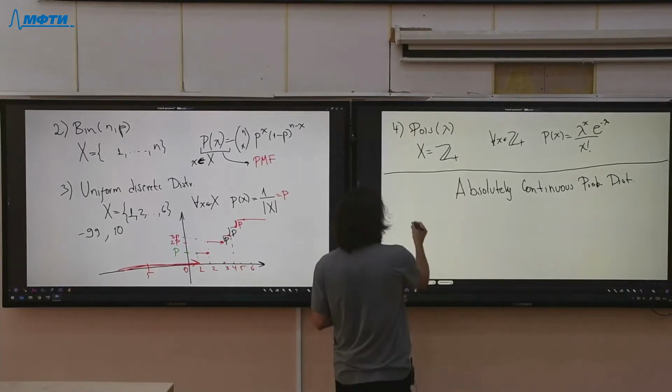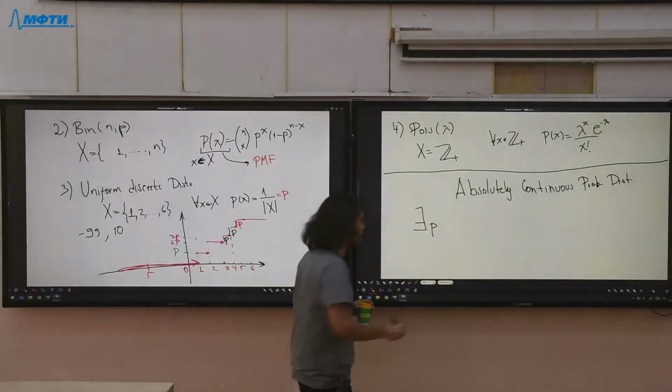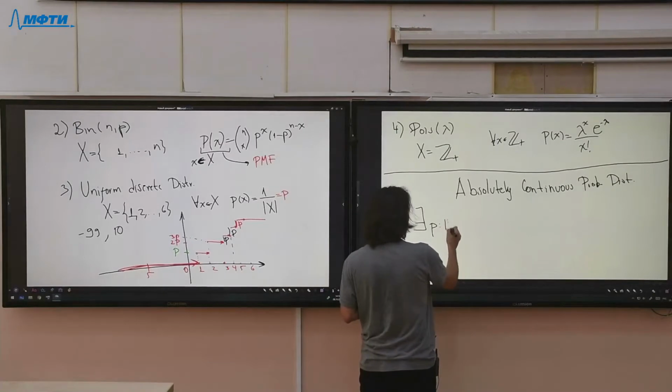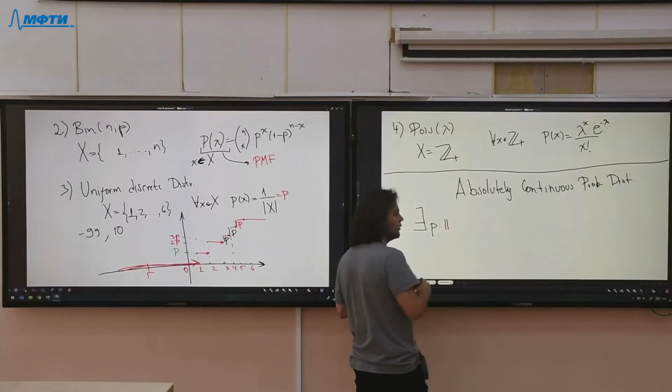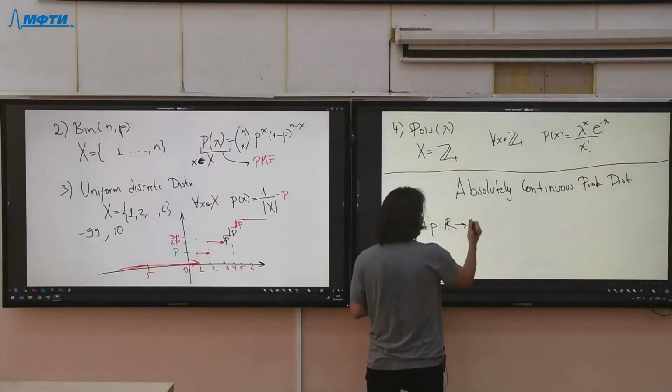yeah, so if there exists some function p, right? This function is from the set of the real numbers to the set of the positive real numbers.